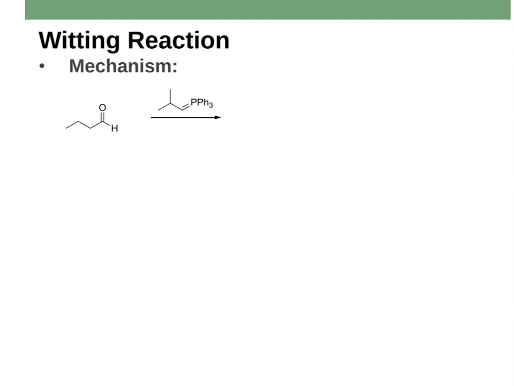So let's take a look at the mechanism here, right? This is, I think I put this example up before. We already know that if I do this reaction, I'm going to get something like this. Right, this is the alkene I'm going to get.